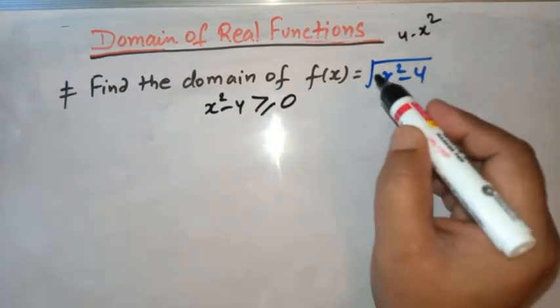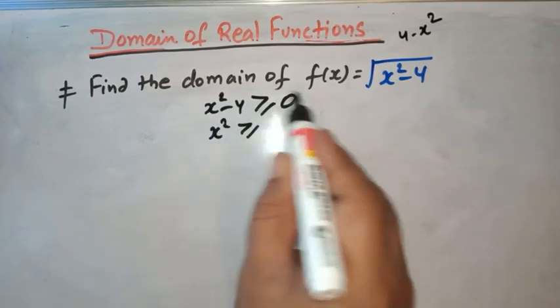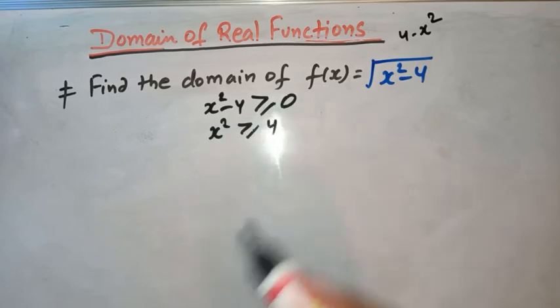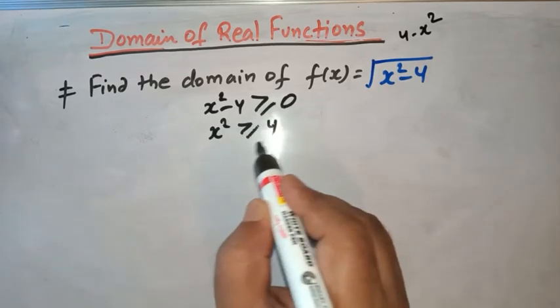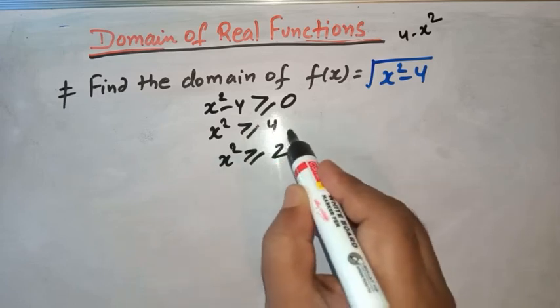Clear? Now x square is greater than or equal to, we take this negative sign to this side, so it is greater than or equal to 4. So x square is greater than or equal to 2 square.